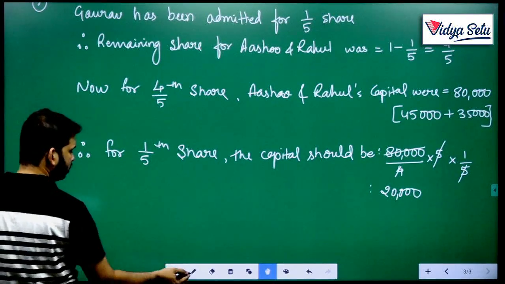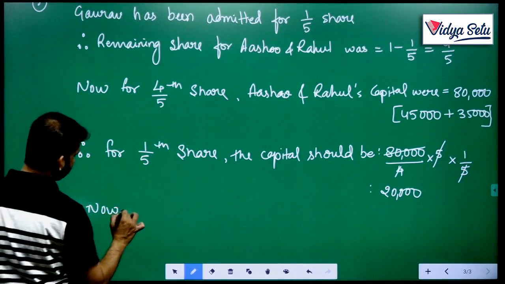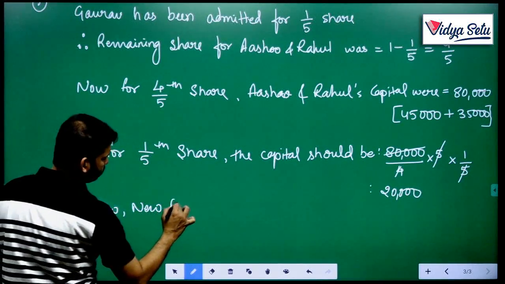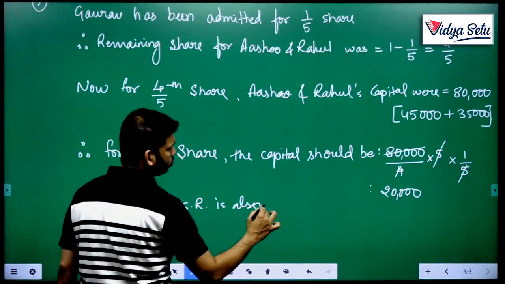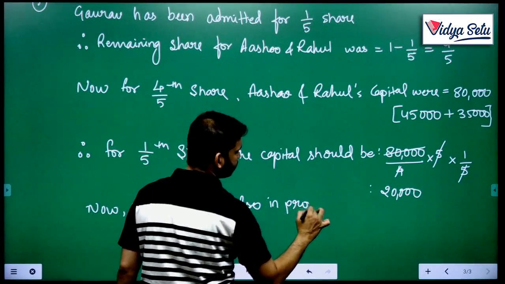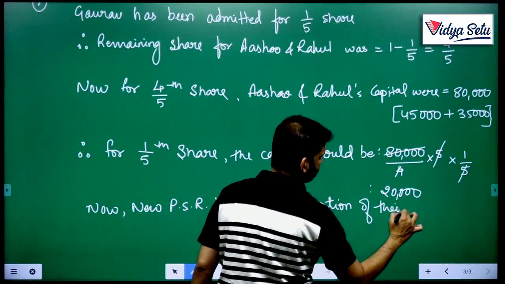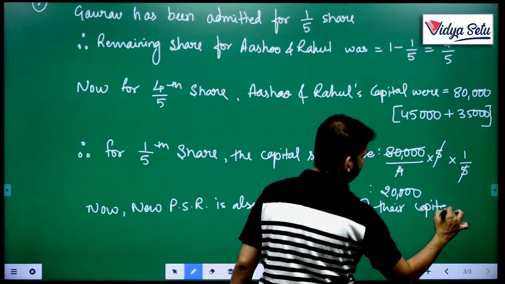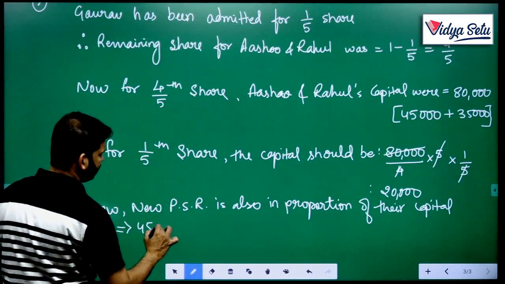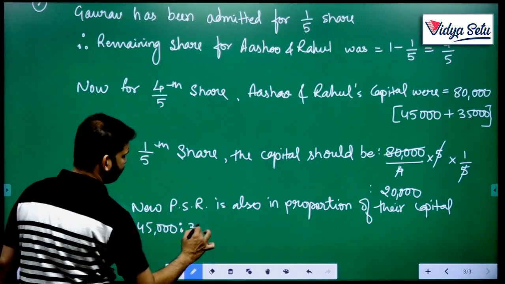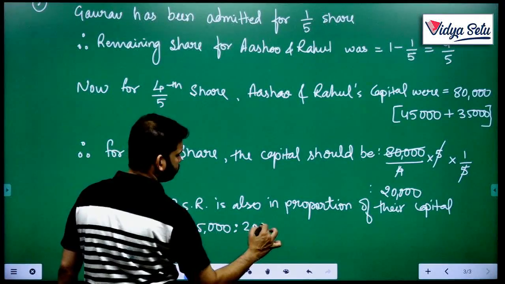The new profit sharing ratio should also be in the ratio of capital. Now, the new profit sharing ratio is also in proportion of their capital, which is 45,000 is to 35,000 is to 20,000.